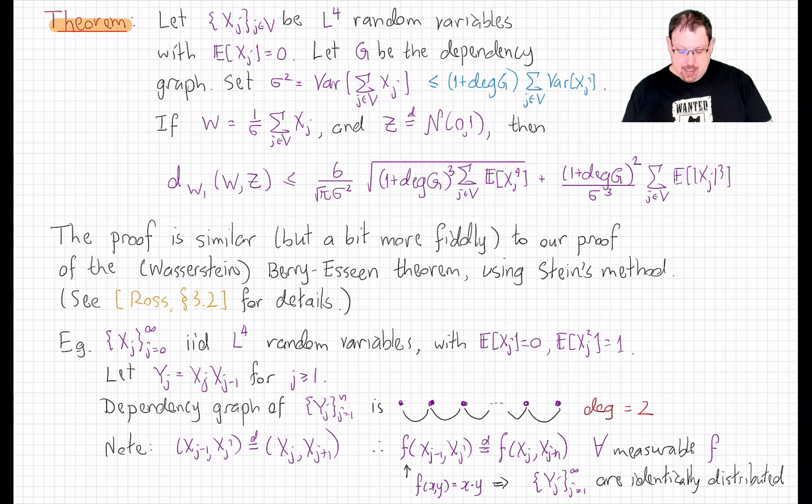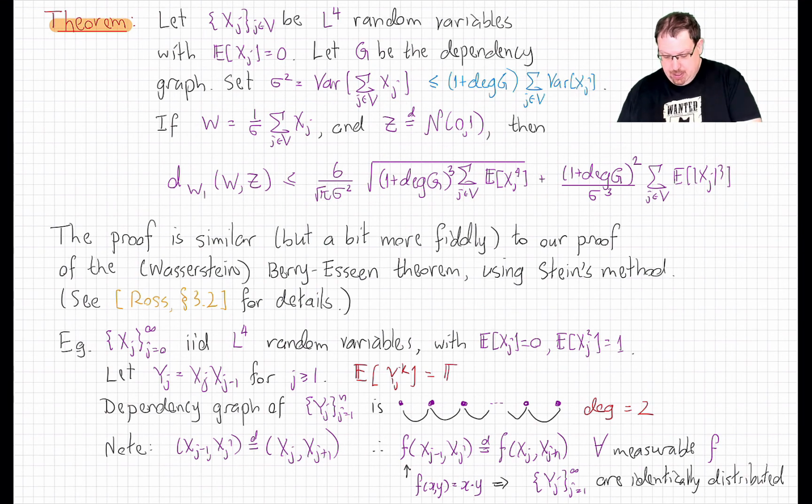Of course, we need to see that the xj's satisfy the conditions of the bound. Well, let's just note that the expected value of yj to the kth power is the same thing as the expected value of xj minus 1 to the kth power times xj to the kth power, and xj minus 1 and xj are independent.